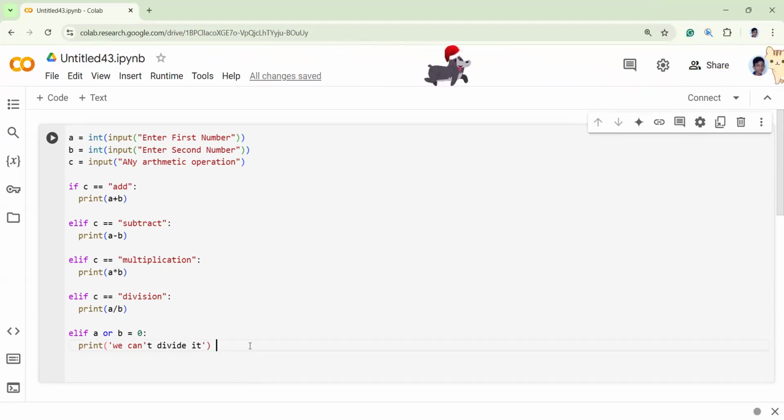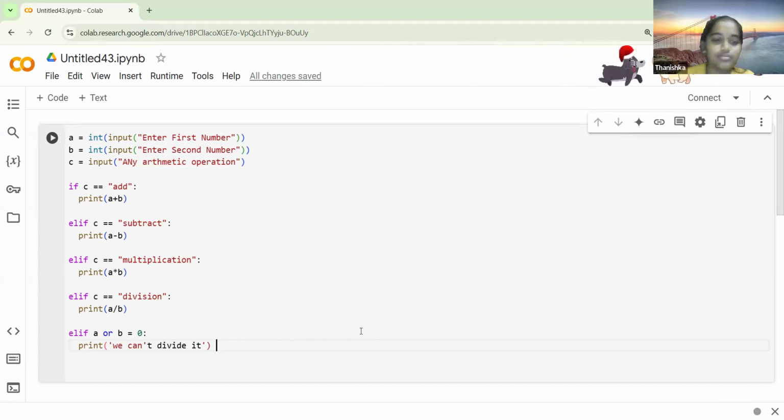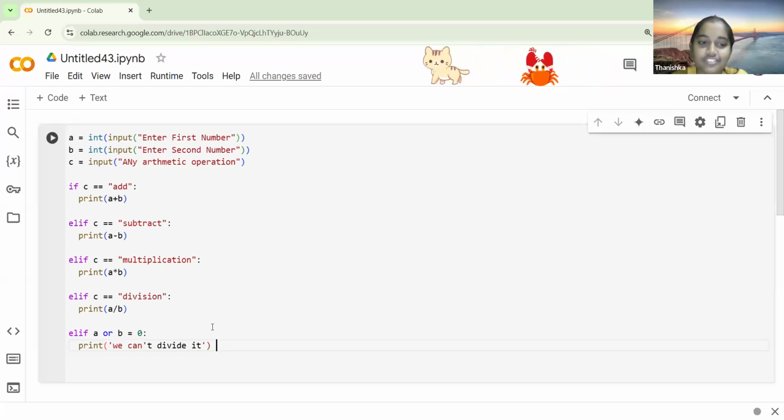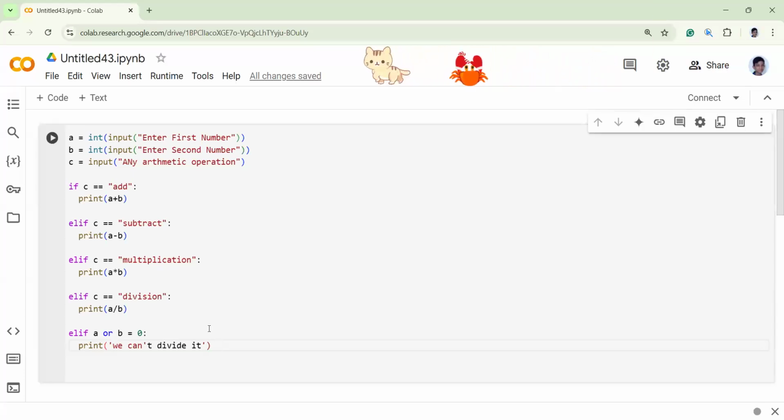I think the print we can't divide it. What's the mistake here? Should I rectify it? Yeah, you can rectify it. Okay. So we can't divide it.